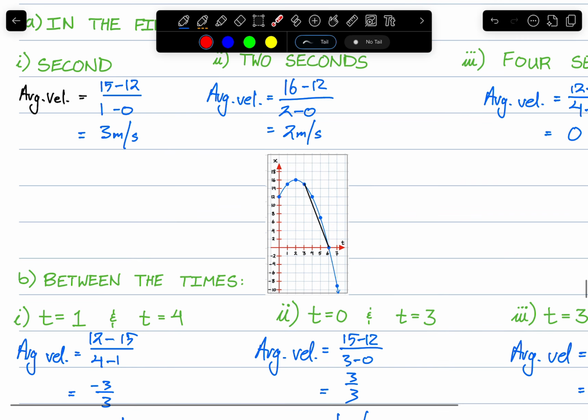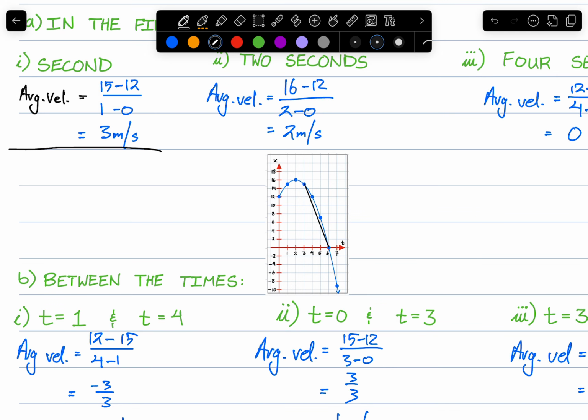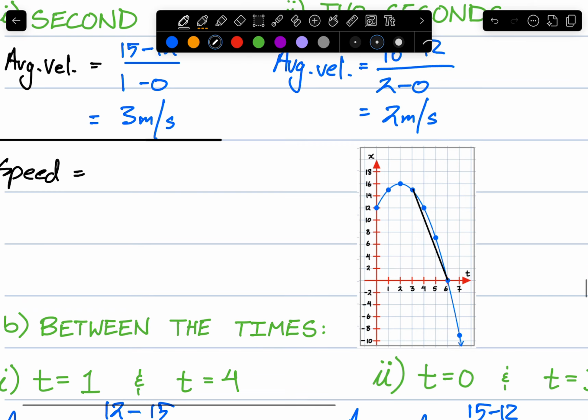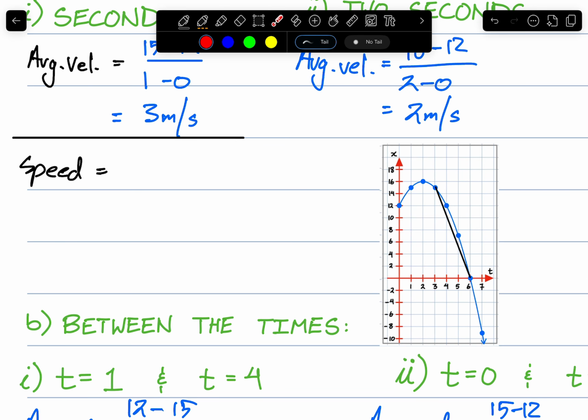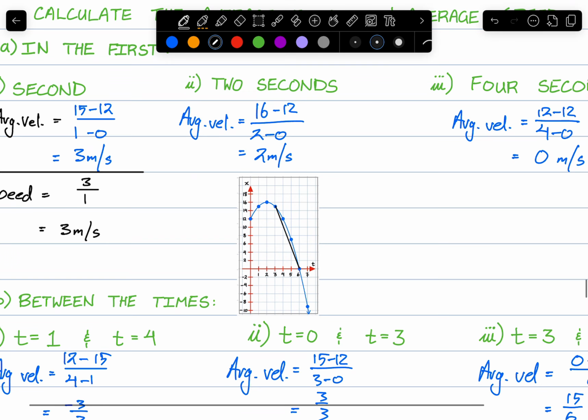In the first second now, let's do this in black. The speed here, the total distance that we've covered is actually, we went from 12 to 15, that's 3 meters in distance, over 1 second, that is still 3 meters per second.